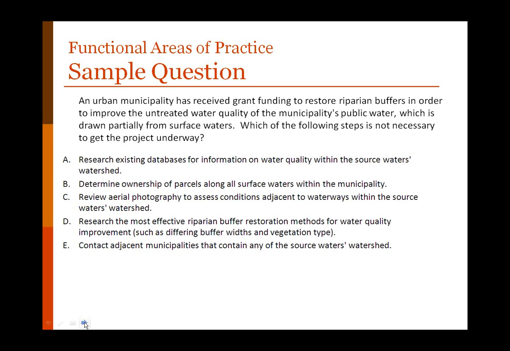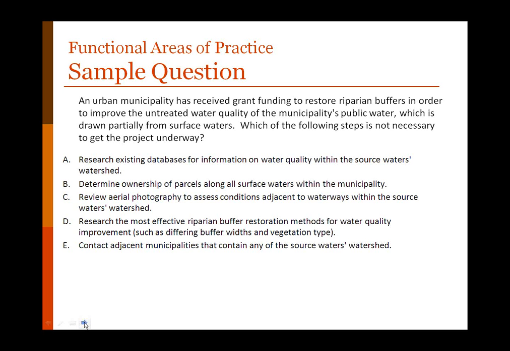An urban municipality has received grant funding to restore riparian buffers in order to improve the untreated water quality of the municipality's public water, which is drawn partially from surface waters. Which of the following steps is not necessary to get the project underway? A. Research existing databases for information on water quality within the source water's watershed.